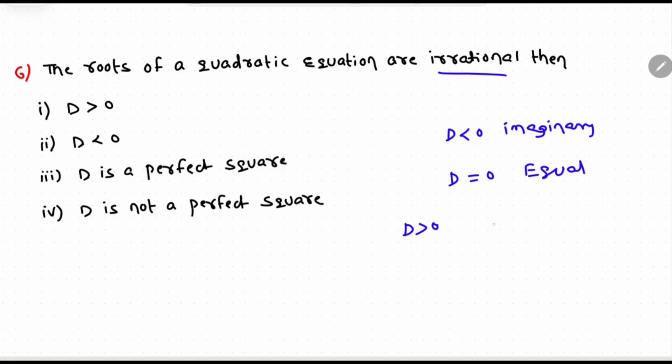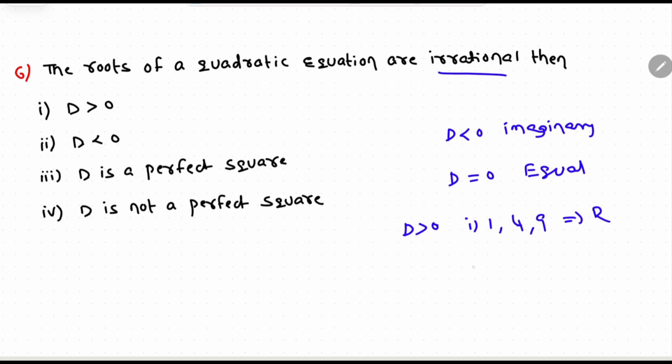When the D value is a perfect square, the roots are rational.